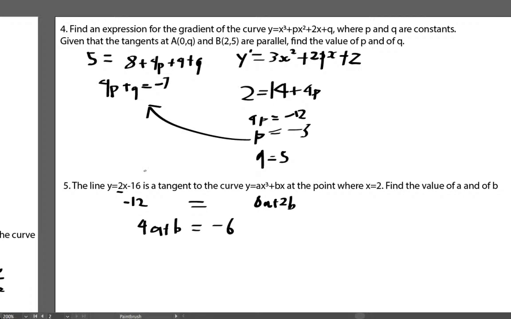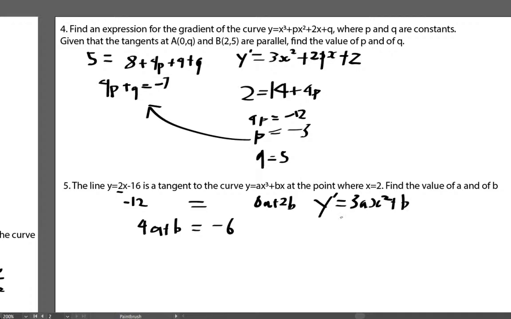In this case, the gradient must be 2 when x equals 2. So to evaluate this gradient, you first try to find the derivative of the function, plus b.